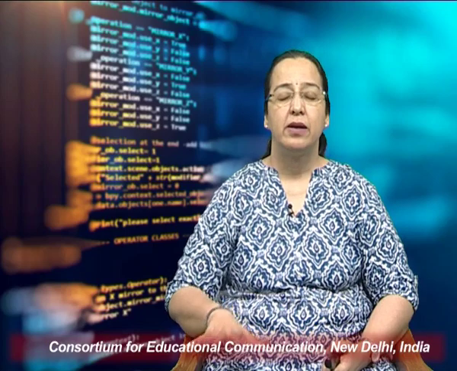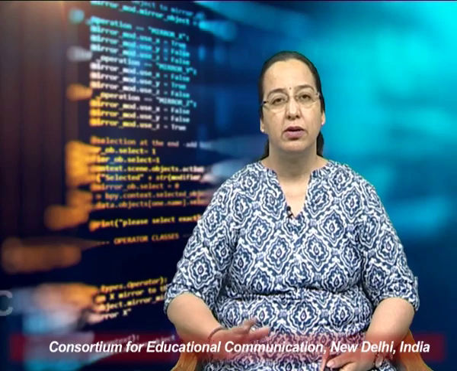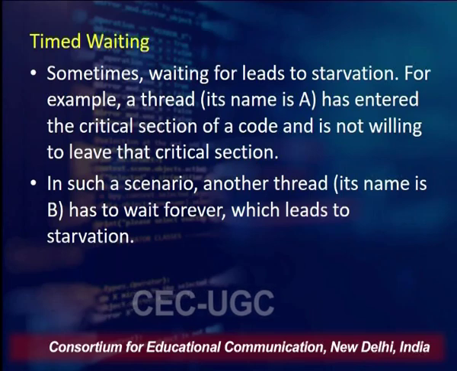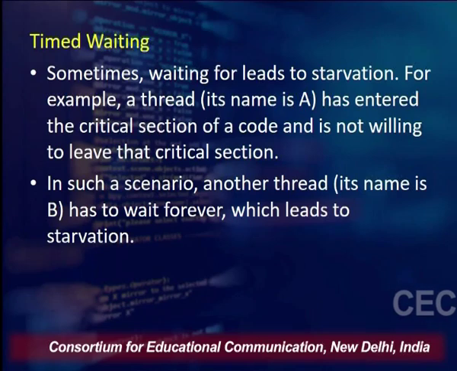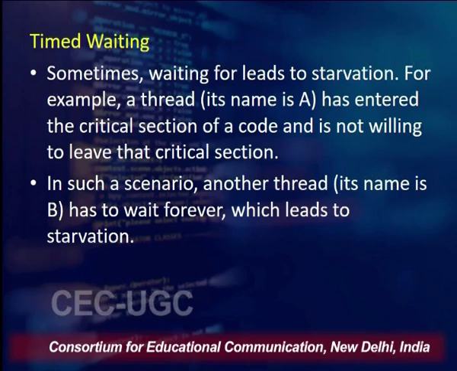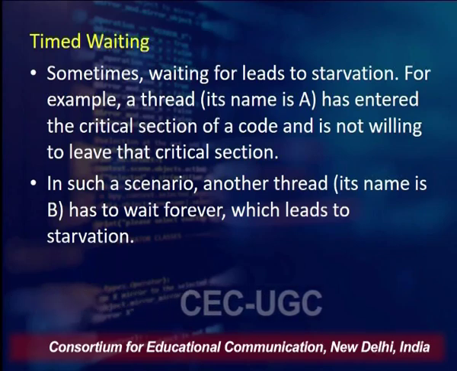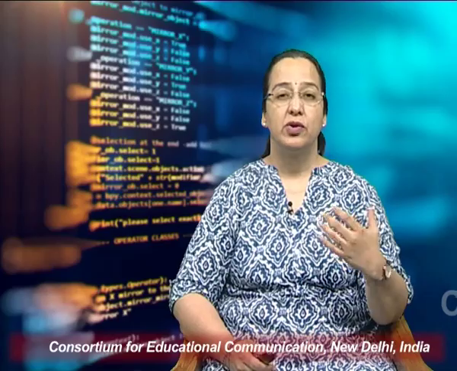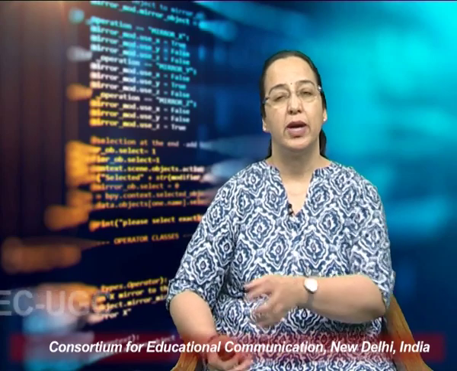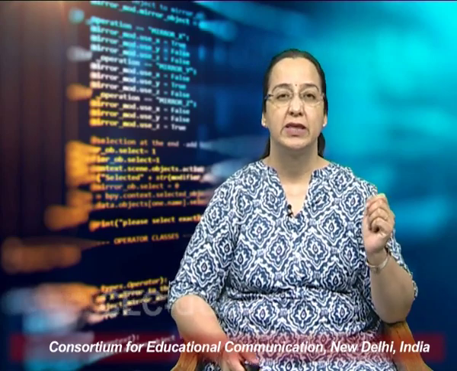Here thread A has entered the critical section and is not willing to leave. In such a scenario, another thread, thread B, can't do anything except wait forever, and this will lead to starvation. That means thread B is starving to get its CPU time slice.